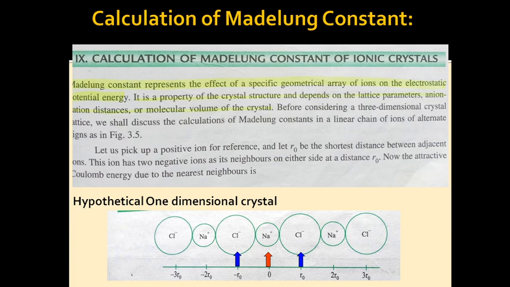As they are in opposite ionic states, sodium and chlorine are attractive in nature, and therefore the electrostatic energy is attractive energy. So if I calculate it, naturally it would be preceded by a negative sign.